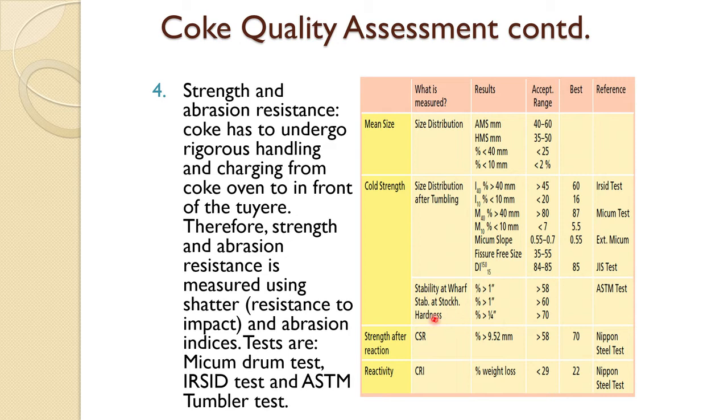Similarly, stability in the stockyard and other places, strength after reaction, cold strength, reactivity, the NSC test, and the best value of those. So these summarize what values good coke, to become a feed material for the blast furnace, should have. So this is very important.